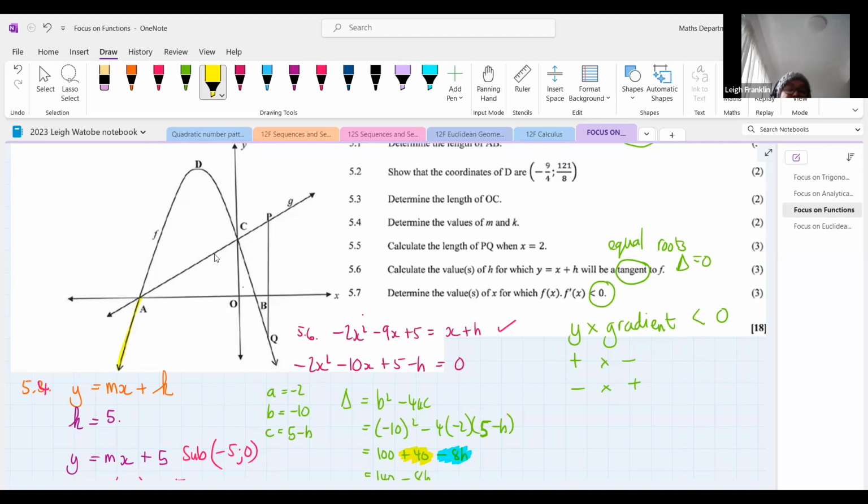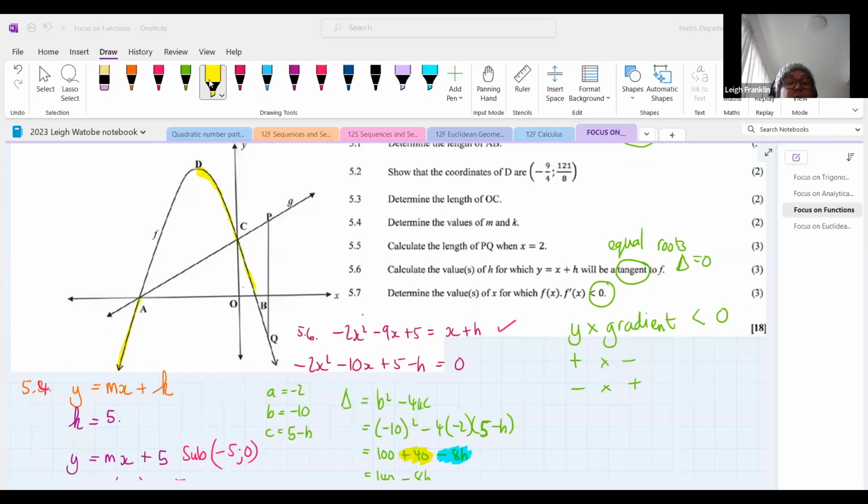Their gradient is positive while y is negative. Can you see that, matrics? Same story over here. I'm walking downhill, but I am above the x-axis. I'm walking downhill, above the x-axis.